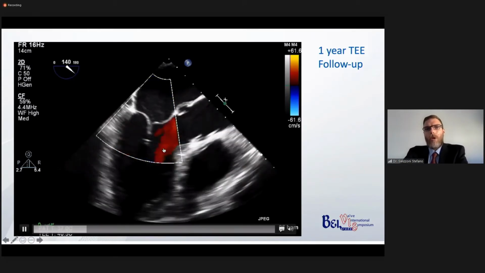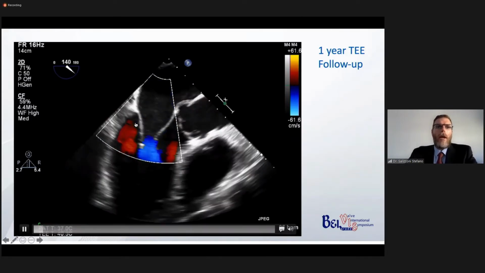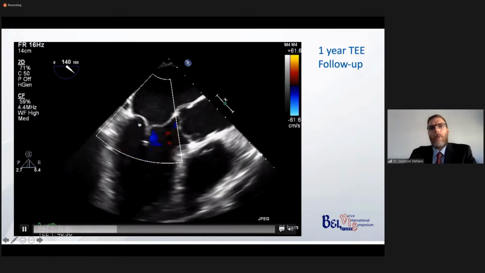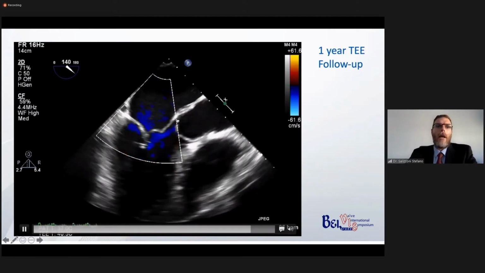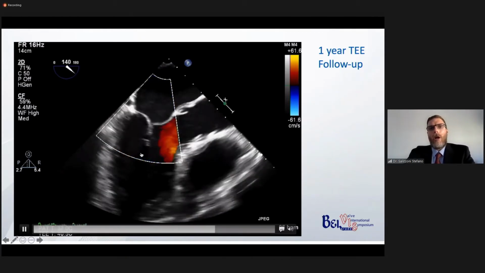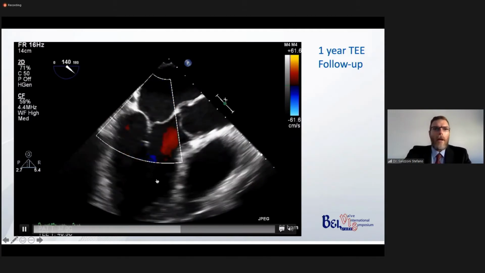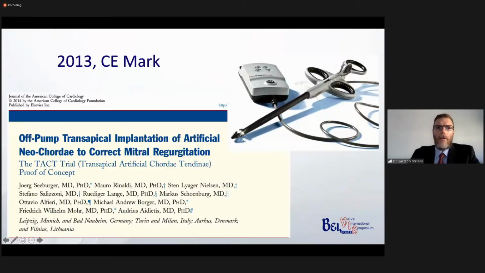It was quite perfect. We saw that this patient had a nice long posterior leaflet, but particularly a long anterior leaflet, because coaptation obviously is fundamental for good function of the mitral valve.